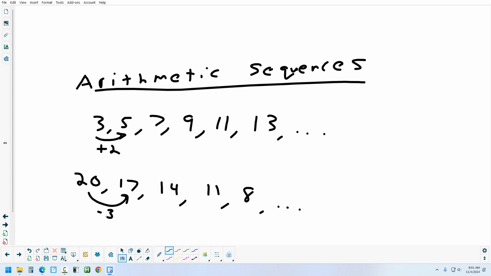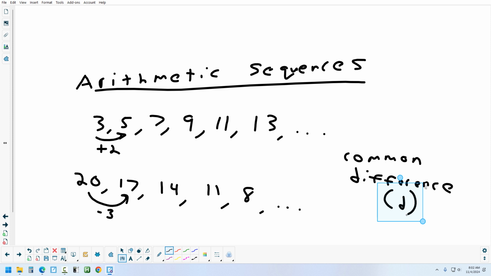Does anybody remember what you call the number that you add or subtract each time? The letter we used for it was a D. Yeah, it was called the common difference.